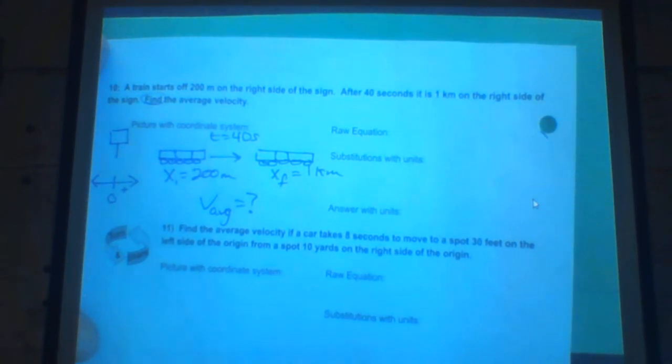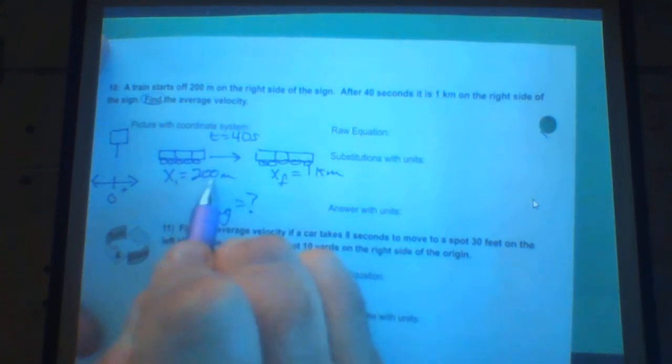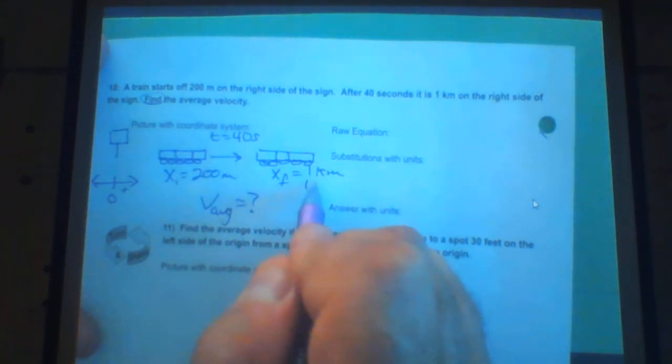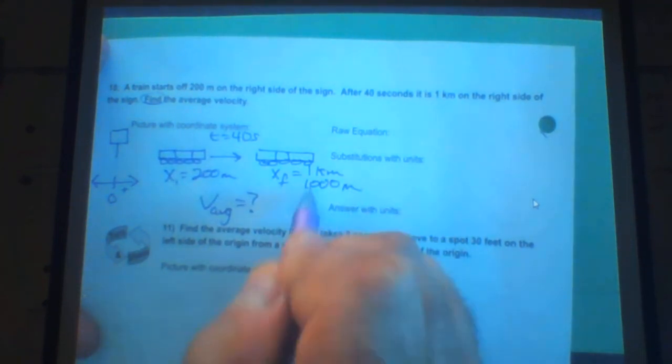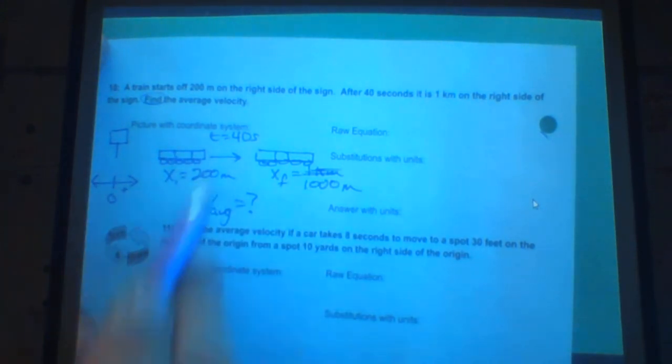Step 4, are the units compatible? No. We have kilometers here, meters there. So we got to make this into meters, 1,000. Scribble out the kilometers. Do we need to make things negative? No, everything's on the right-hand side, so it's all positive. Time is positive, so that's good.